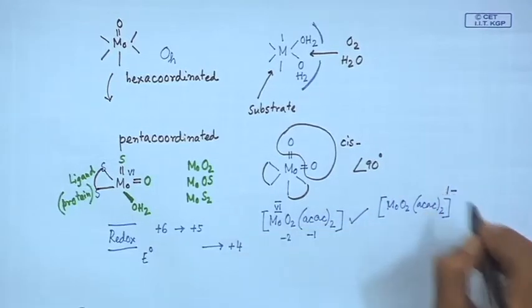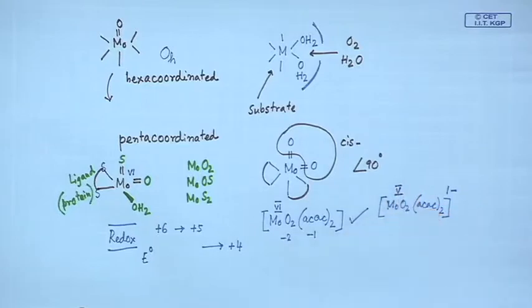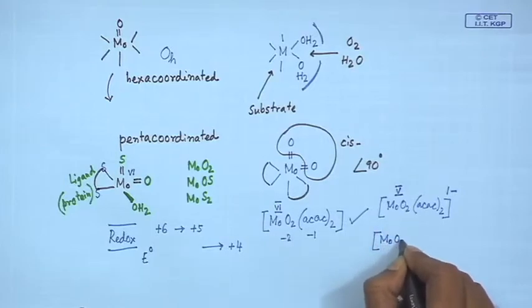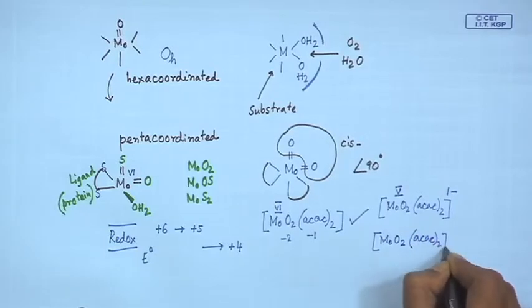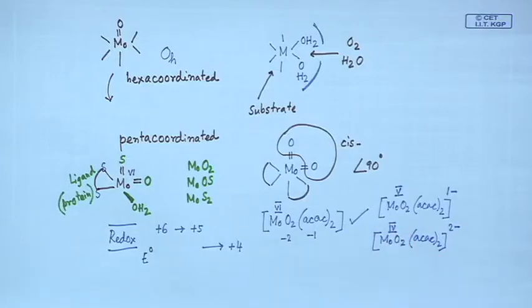It has a 1 minus charge, so this molybdenum is in +5 oxidation state, or further reduction produces MoO2(acac)2 2 minus, where this is in +4 oxidation state.